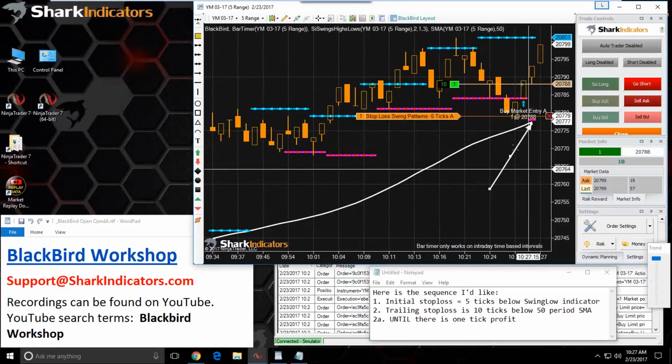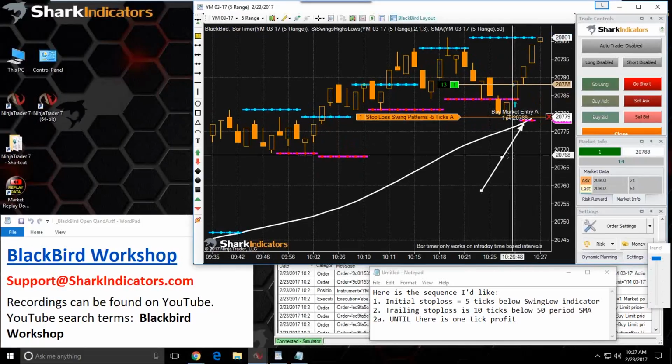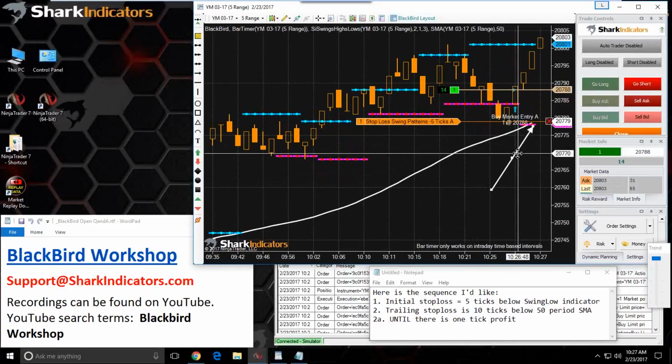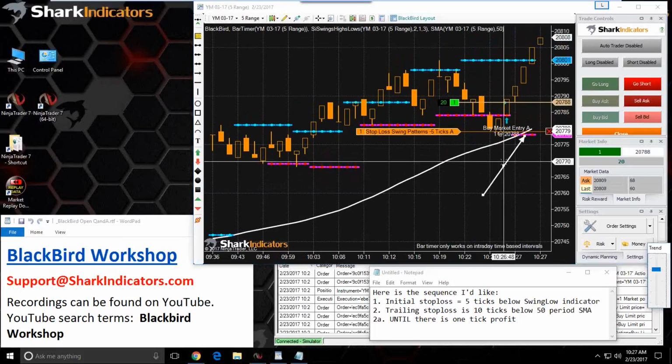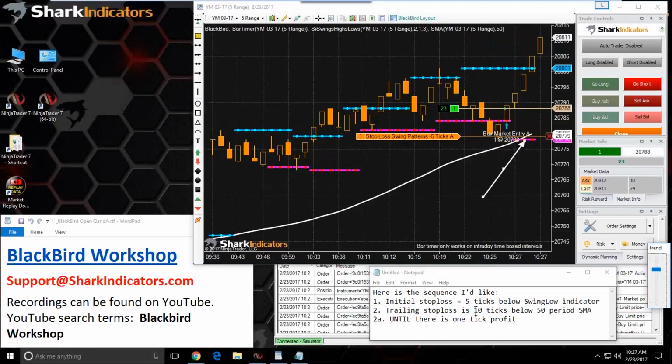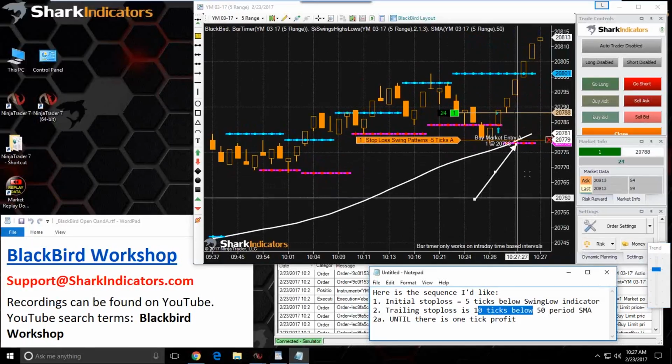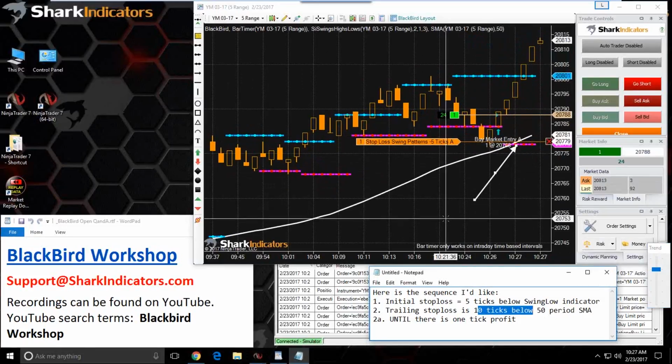And we'll watch our SMA move up. Now keep in mind, when we're trailing that SMA, it's 10 ticks below the SMA. So that SMA is going to have to get up there quite a bit.